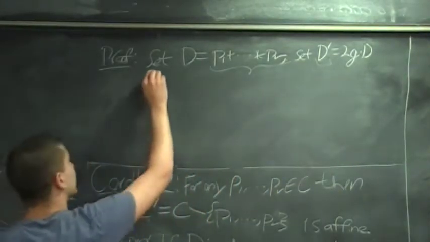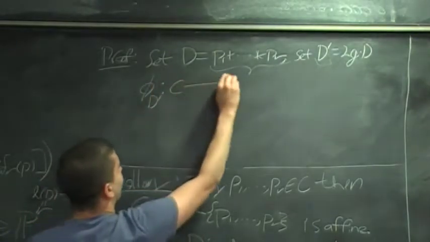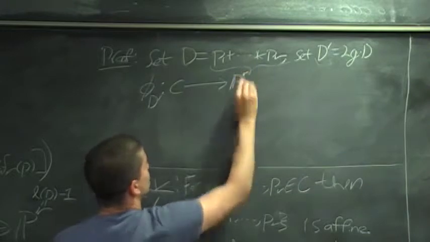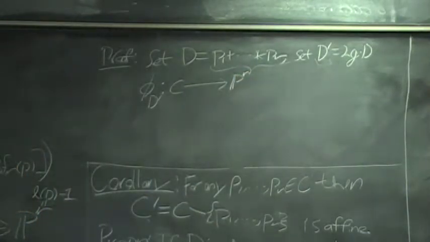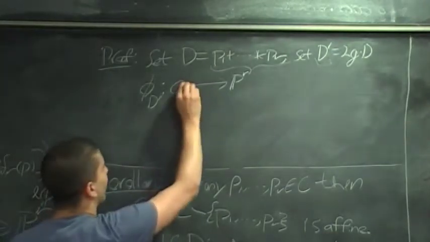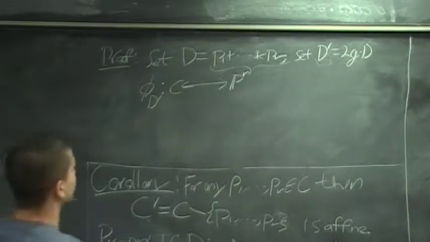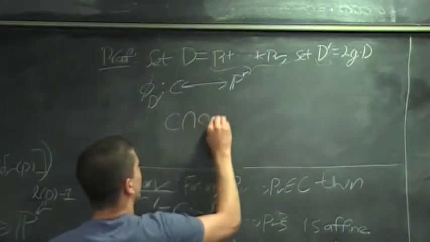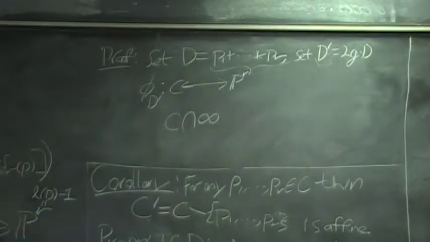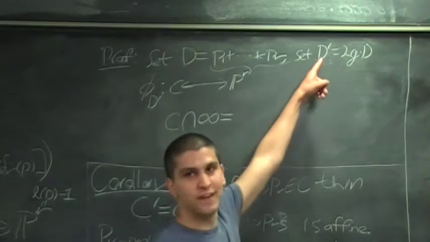So now phi_D' gives us a map from C into some big projective space, we don't care which one. By the theorem, it's actually an embedding. And by what we have written down over here, because of the fact that these two maps are bijective, we actually know that when we intersect with the hyperplane at infinity, we get exactly the divisor that we started with.